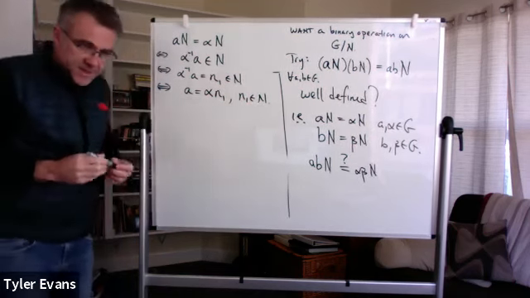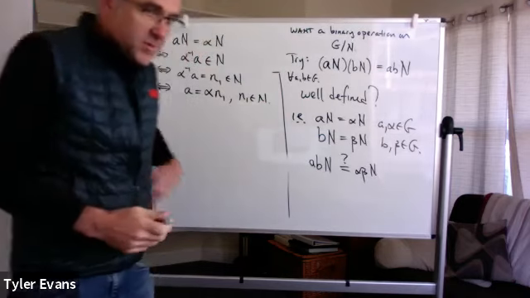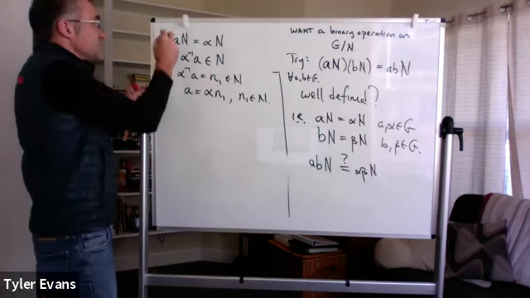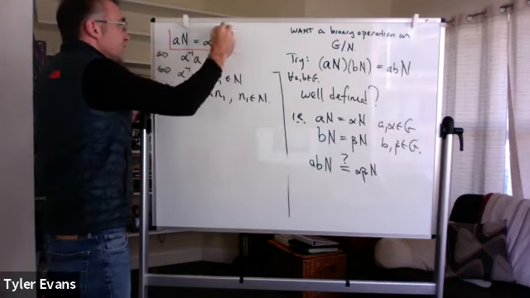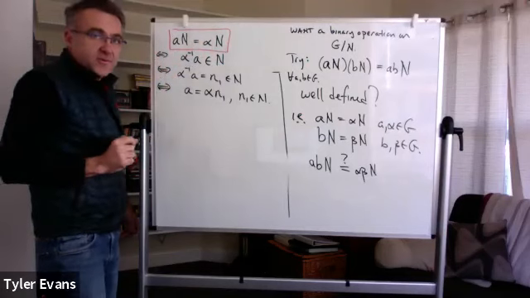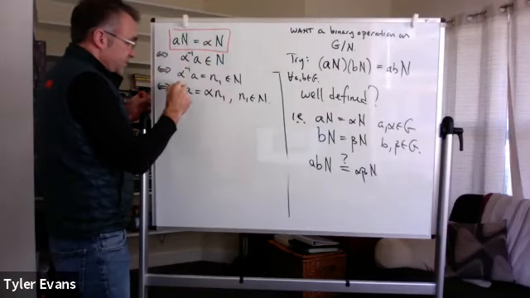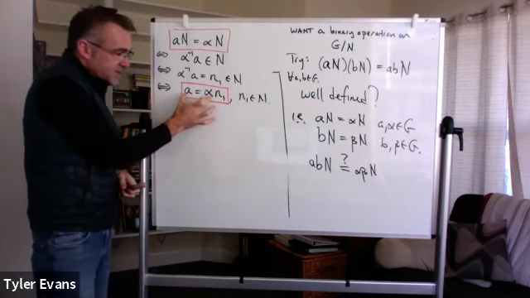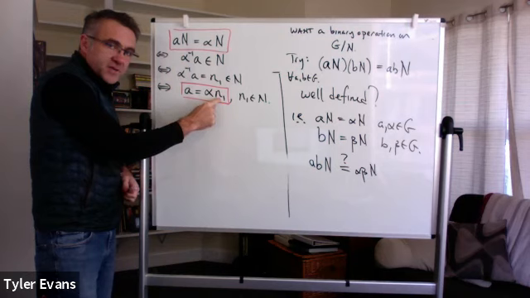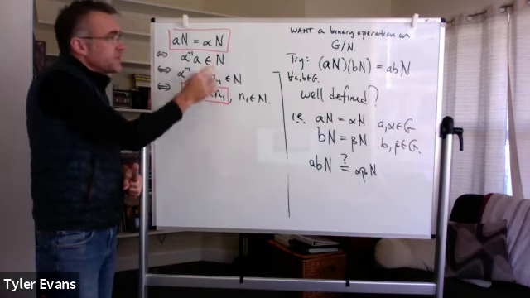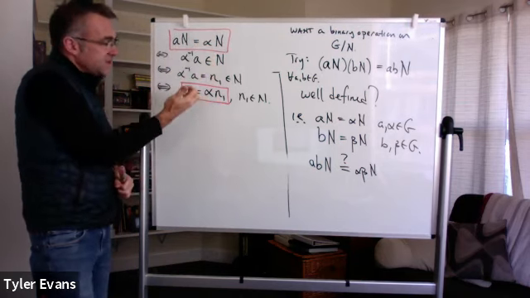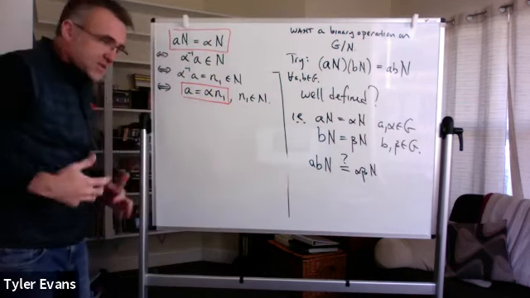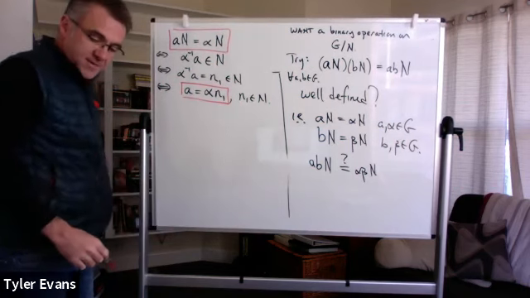As a summary, as we work more and more with these cosets, you probably want to work with this enough that when you see two cosets are the same, you can jump right to this: it means the elements are equal, quote unquote, up to an element of N. Alpha and A represent the same coset means A is alpha times something in N. They're equal up to something in N is the spirit of it.